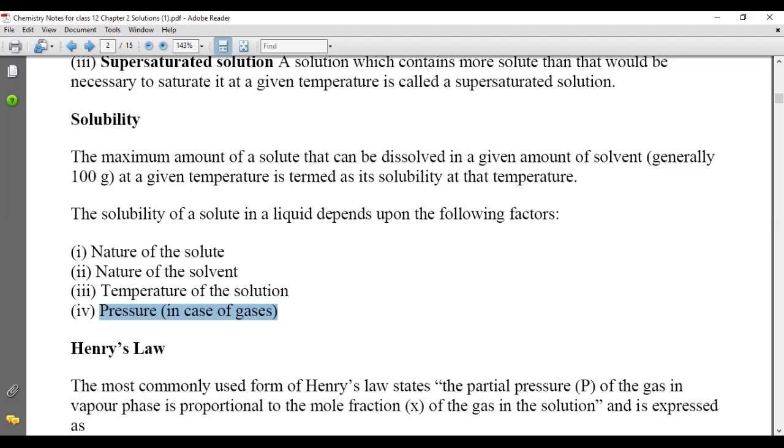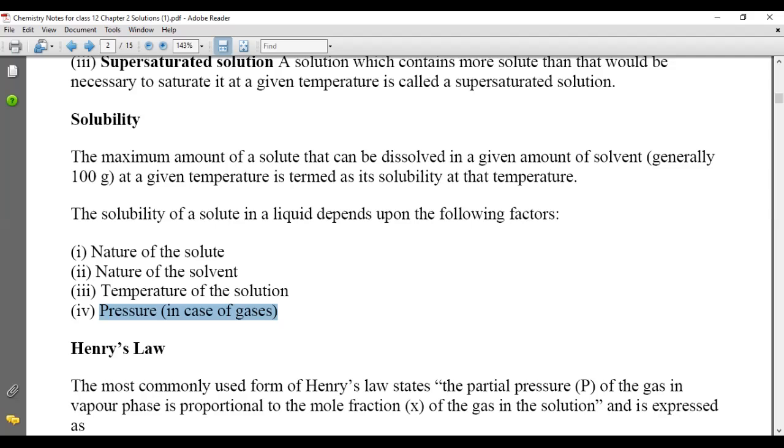But before the start of Henry's law, we must know what is saturated and unsaturated solution, and what is dissolution and what is crystallization. These are some small terms that should be known to us. As far as dissolution is concerned, the very simple meaning is passing of solute into the solution.